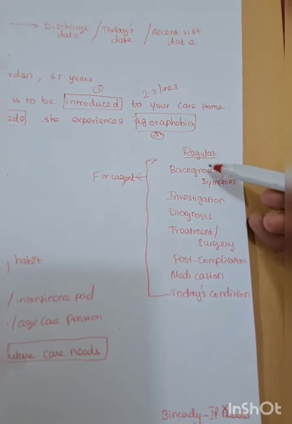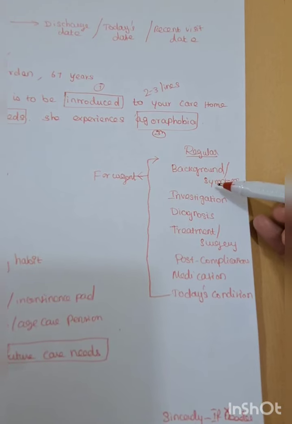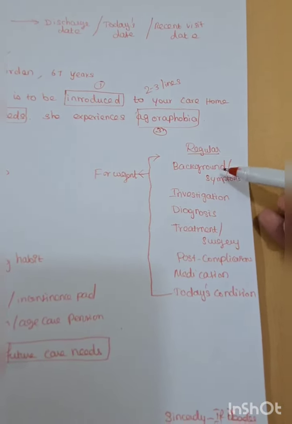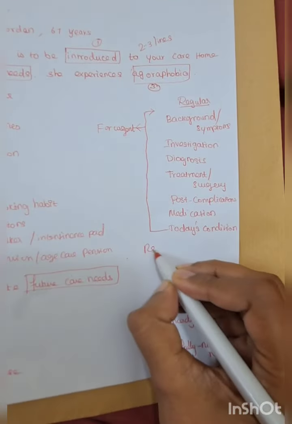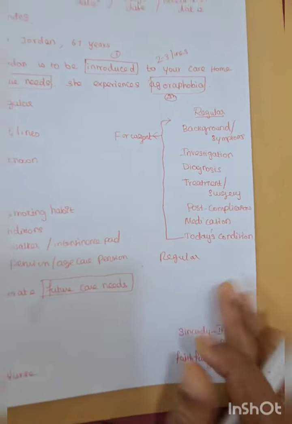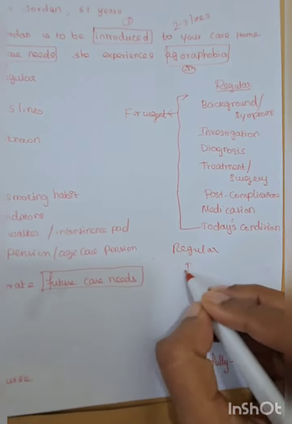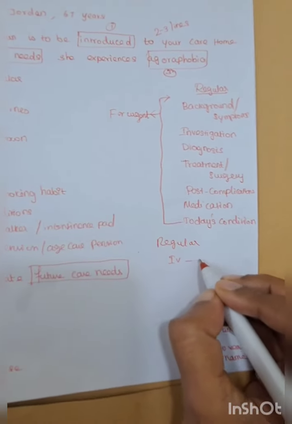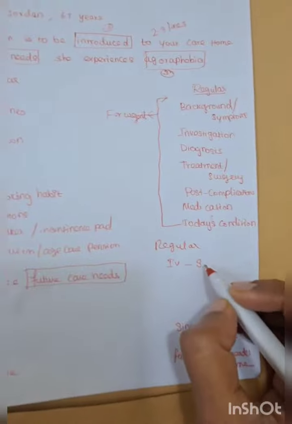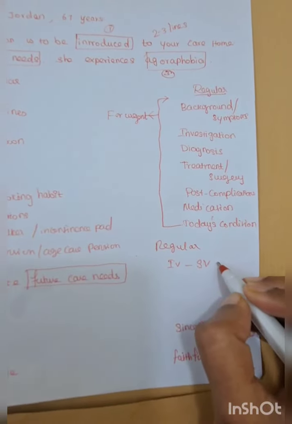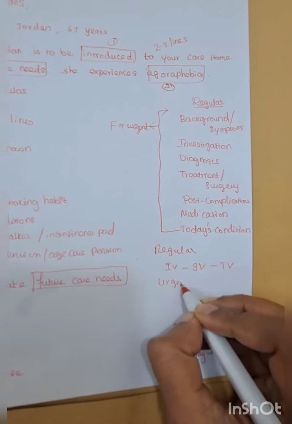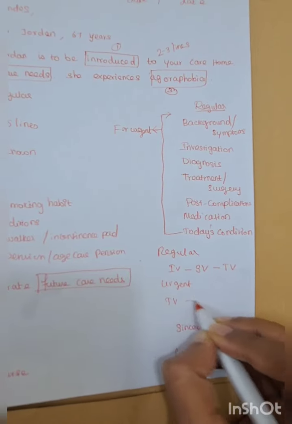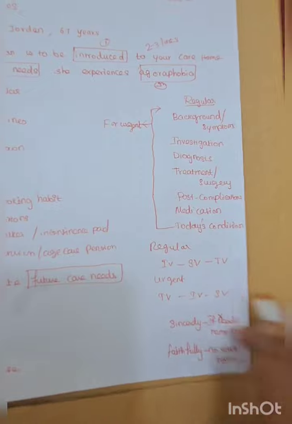So a regular letter starts with the initial visit, how she came to you, and then you will be giving your information. For better understanding, we can say for a regular letter, you will write the initial visit, then the subsequent treatment or visit she had, and today's visit. But for an urgent letter, you will start with today's visit, then the initial visit and subsequent visits.